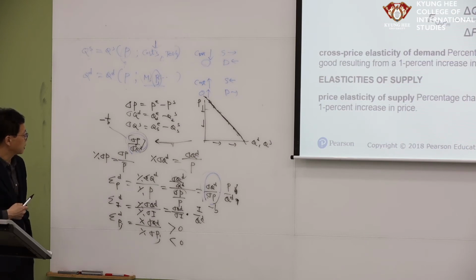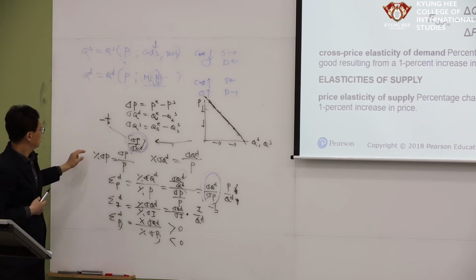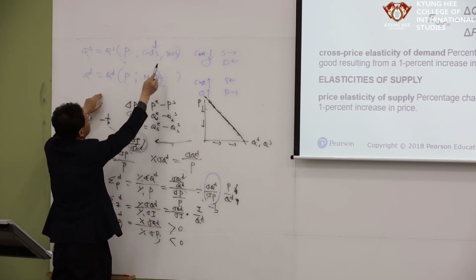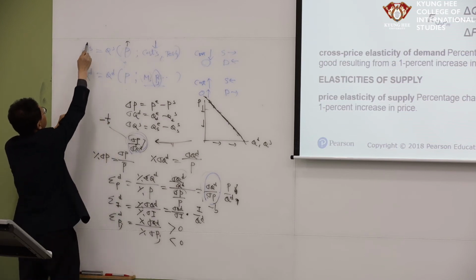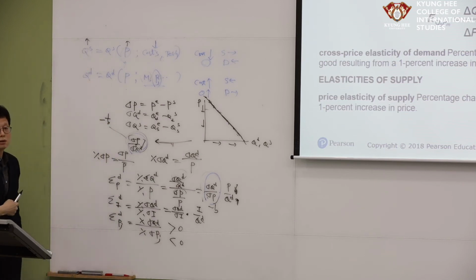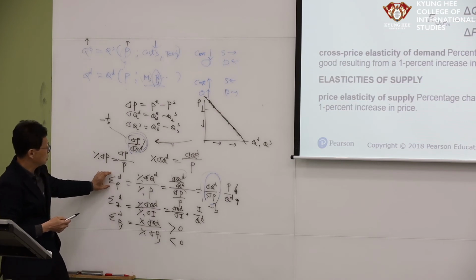Finally, we can define the price elasticity of supply. That is related to the supply curve, right? So for example, if price increases by 1%, then how many percent does quantity supplied change? That is the price elasticity of supply. The concept is very much the same as this, right?